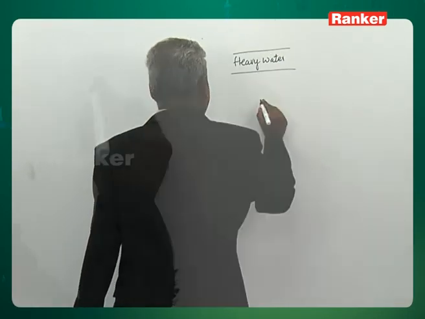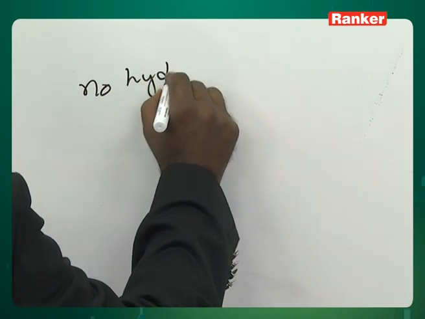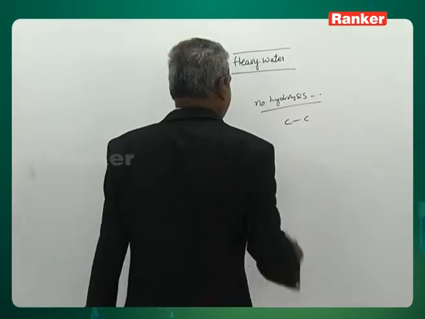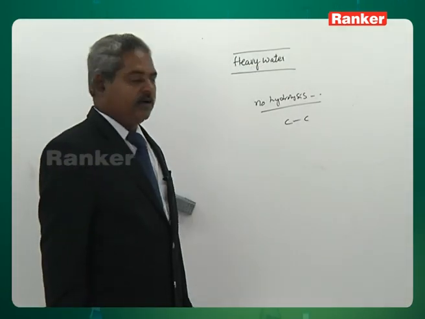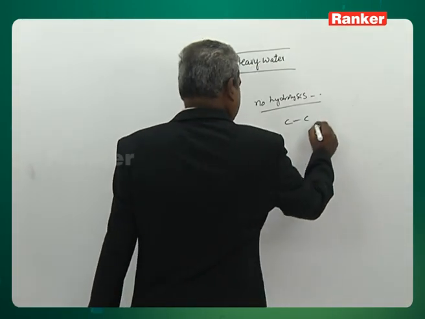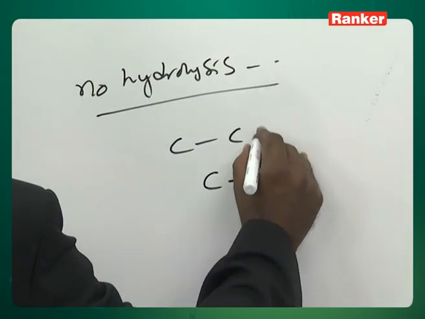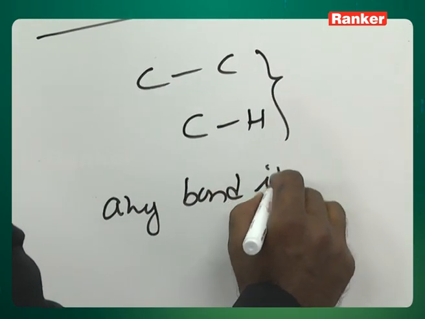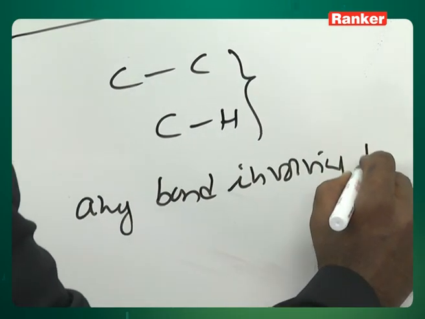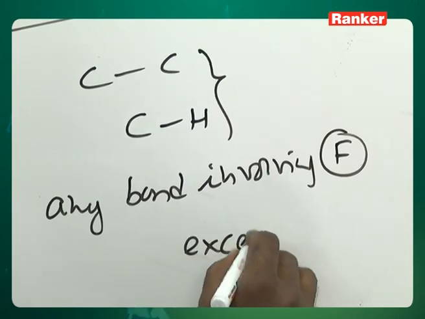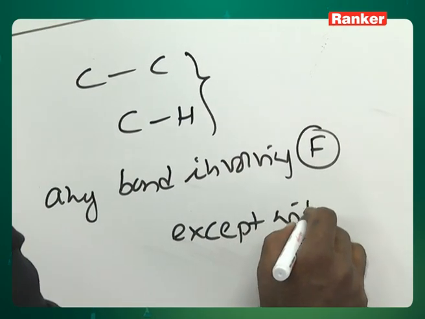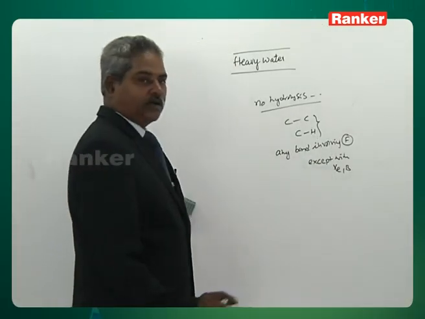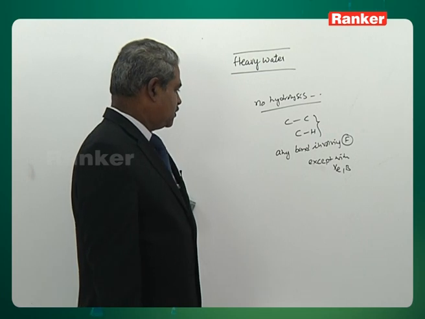And no hydrolysis for these. Don't try to break the carbon-carbon bond because it's not polar. Carbon-carbon bond, carbon-hydrogen bond, any bond involving fluorine, except with xenon and boron, means NF3, no hydrolysis. Nitrogen fluorine, no hydrolysis.